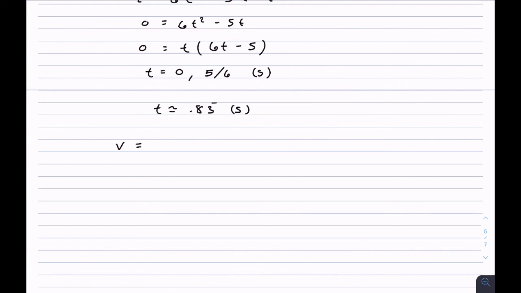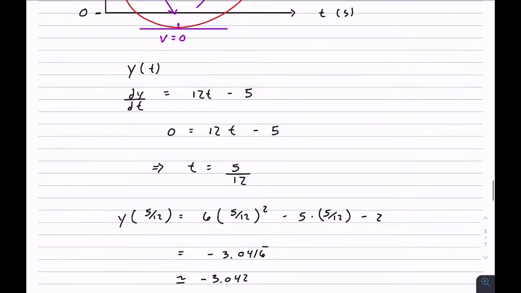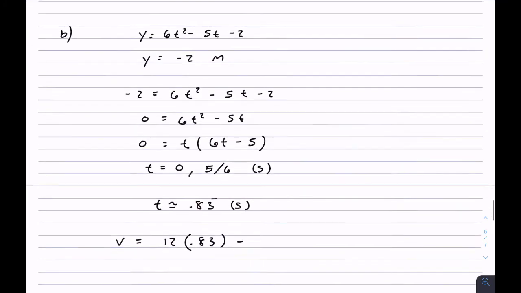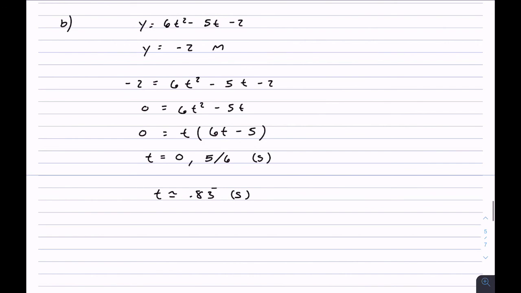So velocity, 12 times 0.83. What is our function? I lost it. Oh, I don't have it. Well, I have to find it. So let's find this right now.